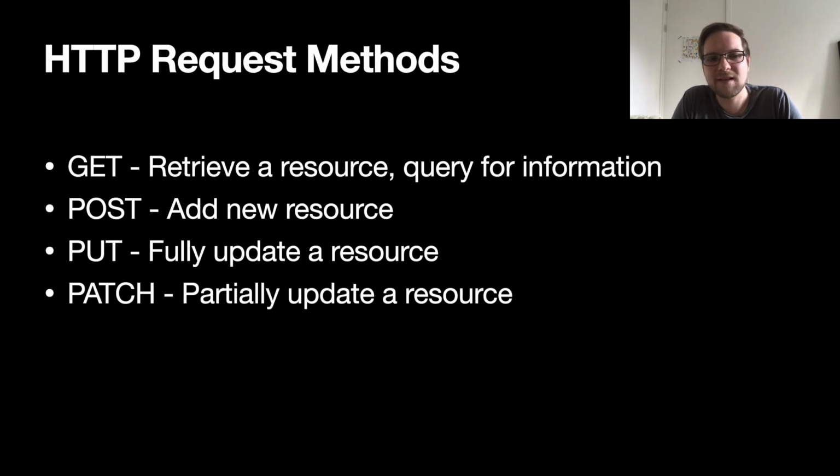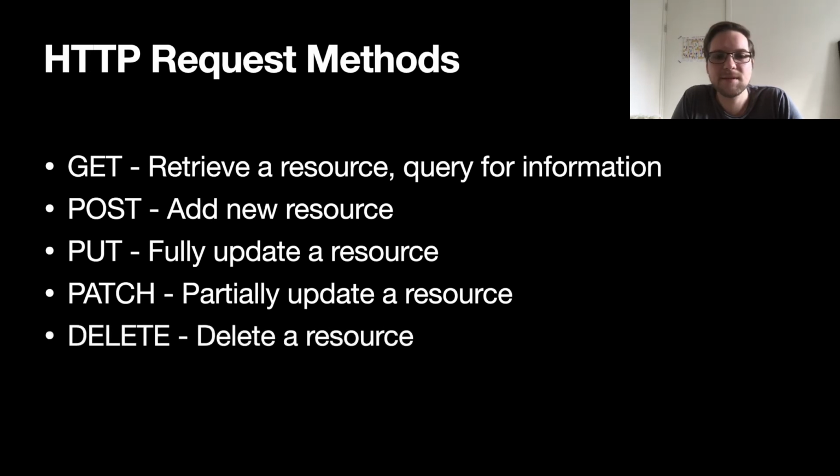And PATCH, unlike PUT, you can send only the changed information. It's not really important to fully understand the difference between PUT and PATCH right now. You'll see this in the future, but those are the two differences between PUT and PATCH in HTTP. In HTTP, there's also a DELETE method, which makes sense, deletes a resource.